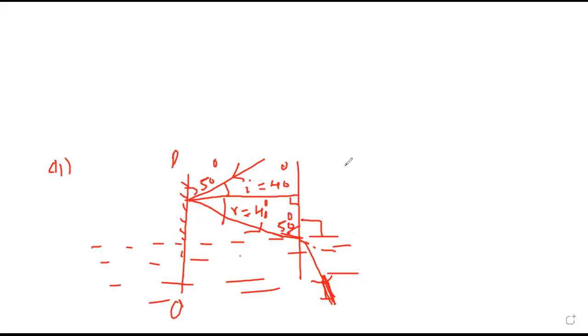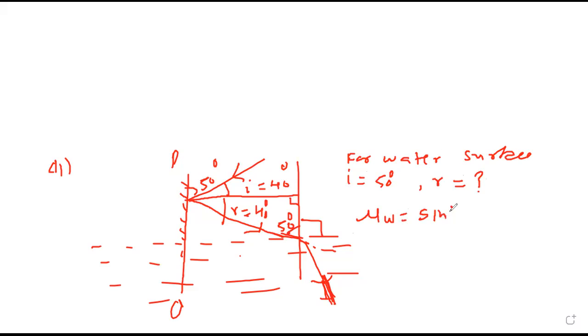So for water surface, angle of incidence is 50 degree, angle of refraction we have to calculate. Refractive index of water is sine i upon sine r. So 4 by 3 is sine 50 upon sine r.